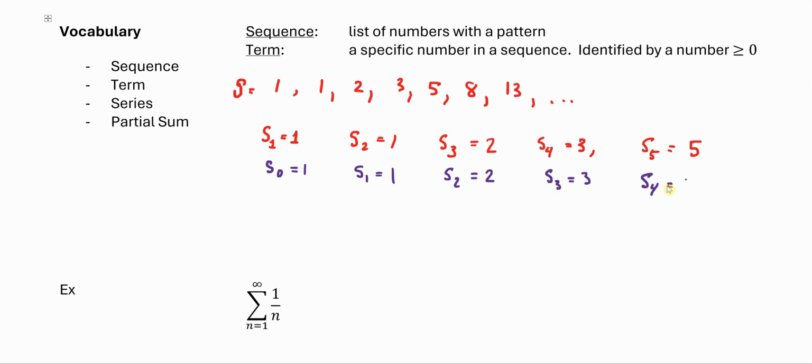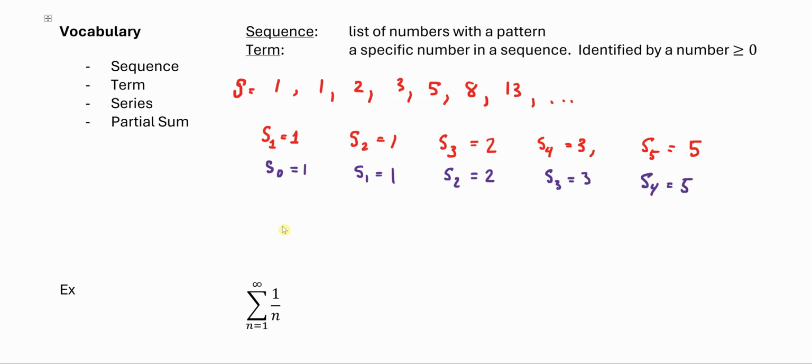So 5 here is still the fifth term in the sequence, but the index happens to be 4 because we started counting at 0. You'll see both of these, starting at 0 and starting at 1. It's really meant for the sake of convenience rather than anything particularly interesting in meaning.